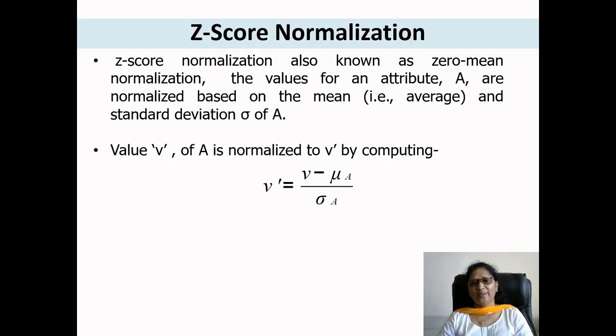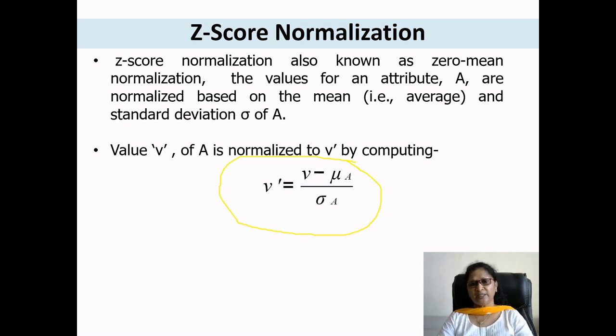Z-score normalization, which is also known as zero mean normalization, simply calculates a new value for attribute A based on two values, that is mean and standard deviation. So value V of A is normalized to V dash with the help of this formula, which says that new value V dash is equal to V minus mu divided by sigma.